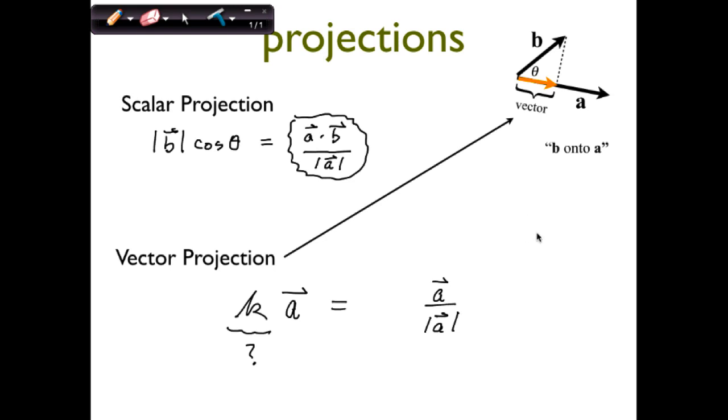Yeah, what's the length? The scalar projection, right? So the unit vector in the direction of A has magnitude 1. If I scale it by this much, I'll get that gold vector. You see that? So I'm just going to put it right there. I'm going to scale the unit vector in the direction of A by the magnitude that I want.